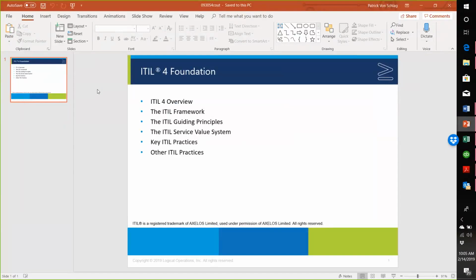For those of you who may not be instructors in this space, ITIL 4 is very much in the process of becoming, right? And so what you're going to see is that a lot of the guidance associated with this really hasn't been published yet.